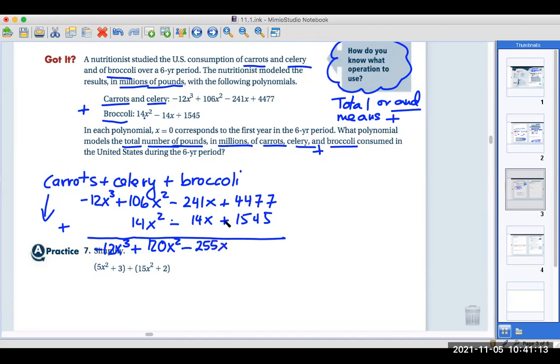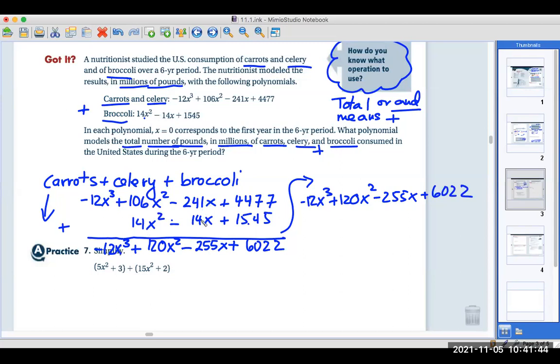Don't forget your x, plus these two together, 6,022. So there's our answer. I'll write it up here again. Negative 12x cubed plus 120x squared minus 255x plus 6,022. Okay, so we combined our like terms.